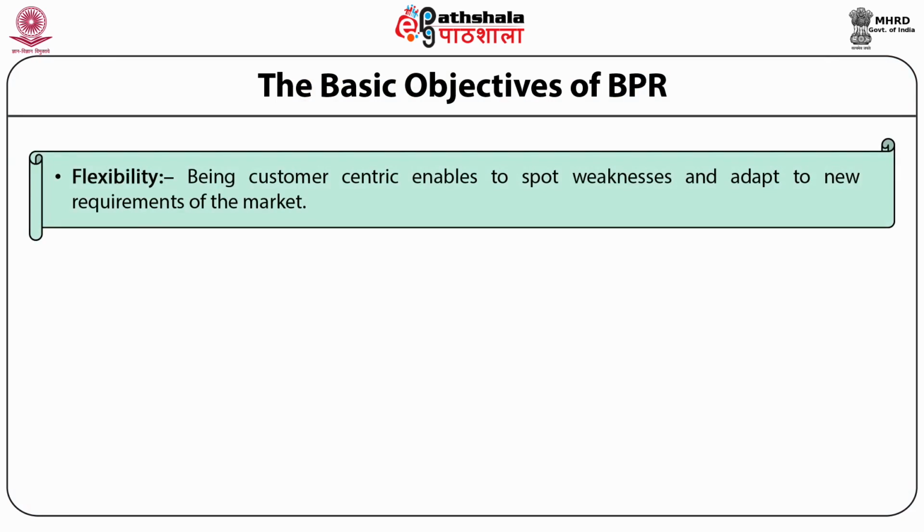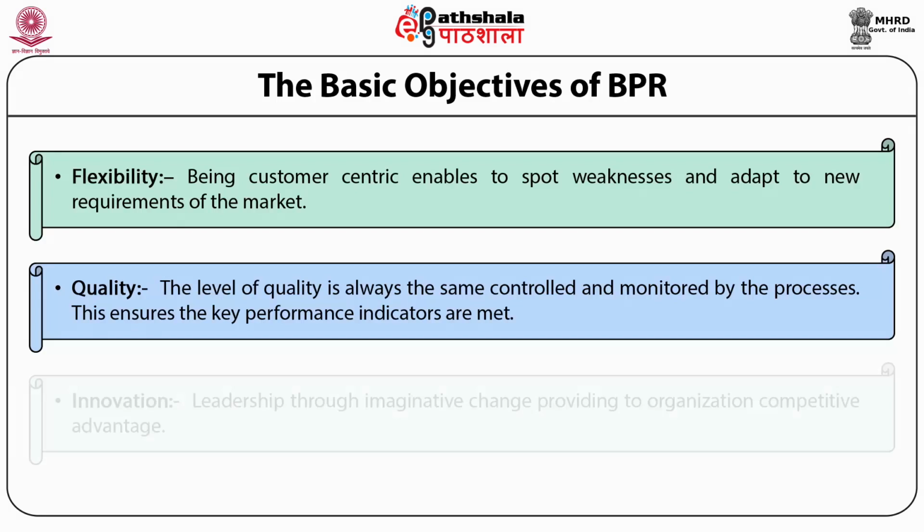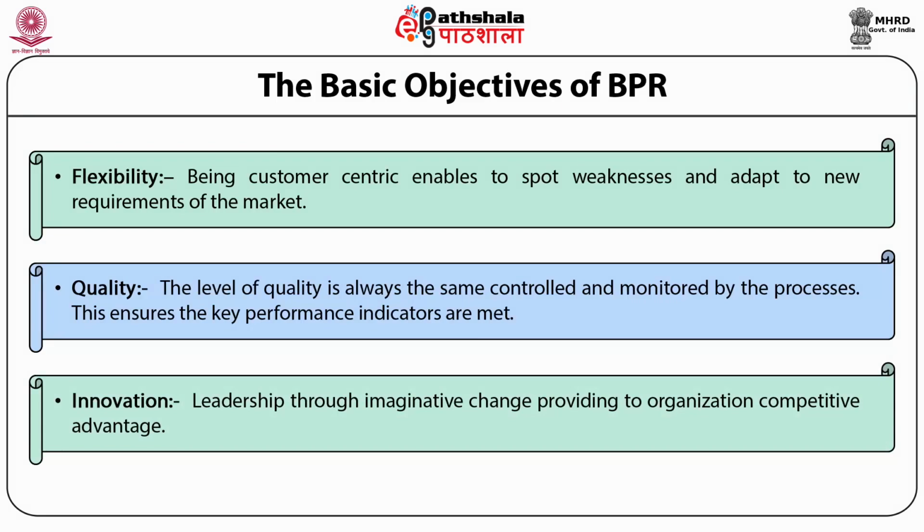Being customer-centric enables the organization to spot weakness and adapt to new requirements of the market. Quality. The level of quality is always the same, controlled and monitored by the processes. This ensures the key performance indicators are met. And lastly, innovation. Leadership through imaginative change, providing the organization competitive advantage.